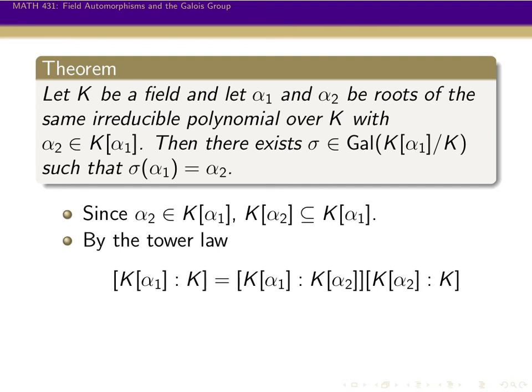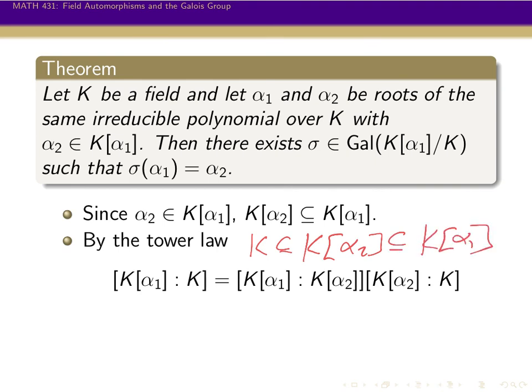So how does this work? By the Tower law, at this point we have K is a subfield of K adjoin alpha 2, which is a subfield of K adjoin alpha 1.